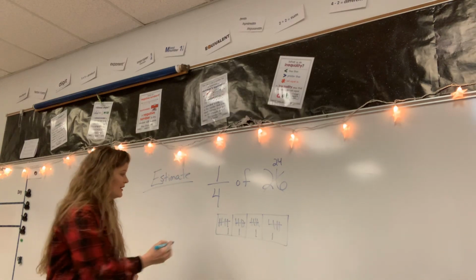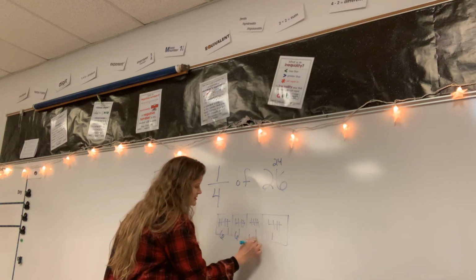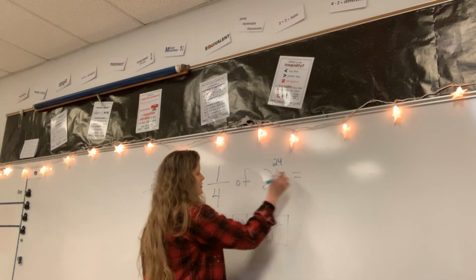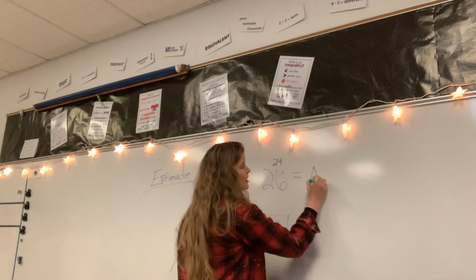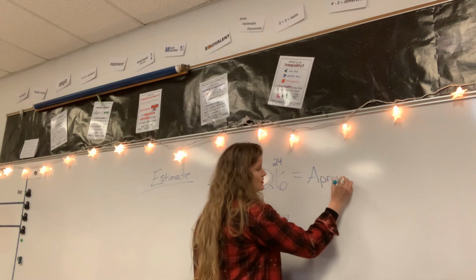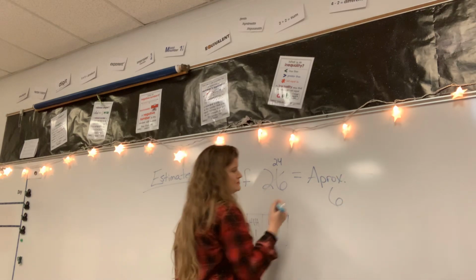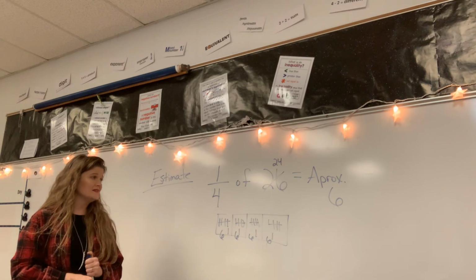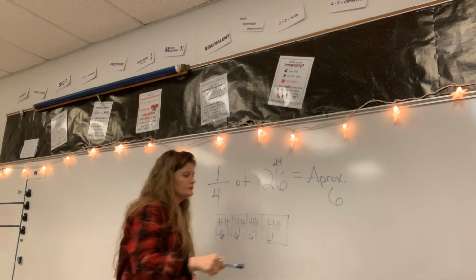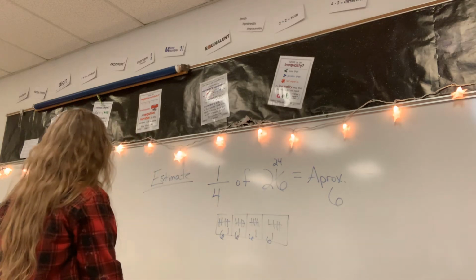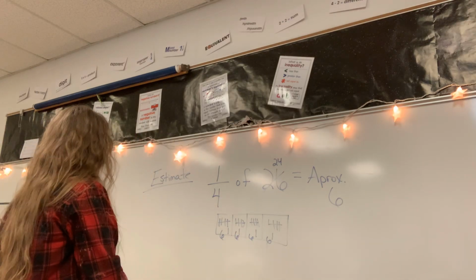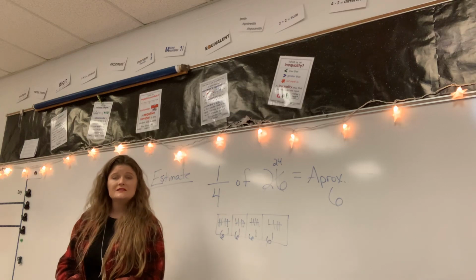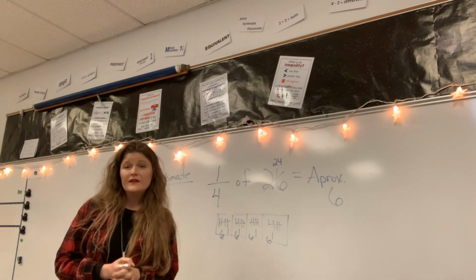And I'll get the same thing. Each one of these was 6. So 1/4 of 26 is approximately 6. Okay? So that was that estimating we talked about. I hope that makes a little bit of sense. I'm going to give you some work to work with on this, and we will review a little bit more in the next session, okay?